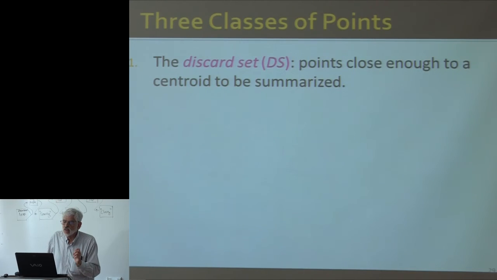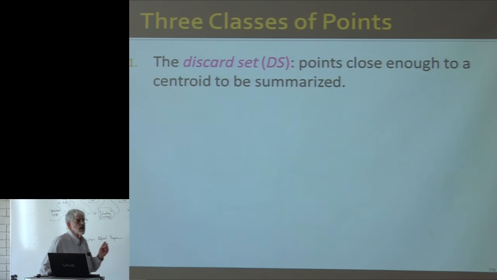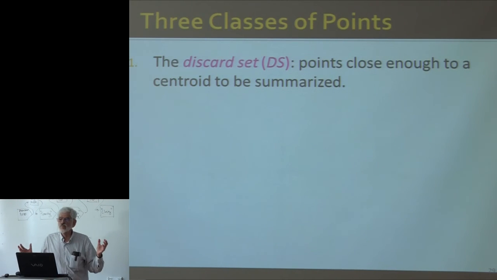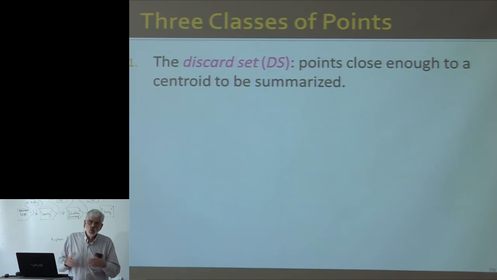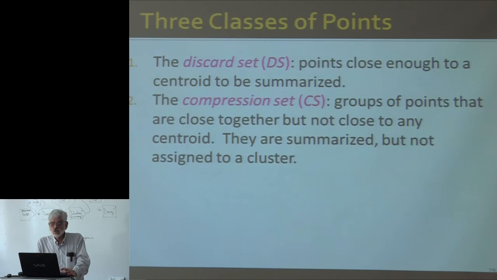You divide the points that you've seen so far into three classes. The discard set, which you hope is the vast majority of points, is things that are close enough to the centroid of their cluster that we're going to throw away the points themselves. Just remember that they belong to a cluster with a particular centroid. There's something called the compression set, which is groups of points that are summarized, but we haven't yet assigned them to a cluster.